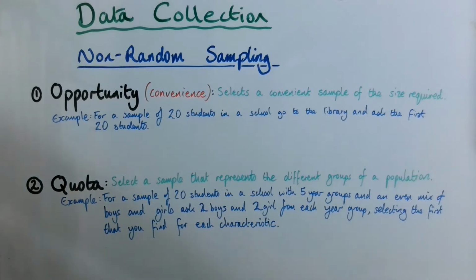And the disadvantages are always simply that because you haven't got a random element to it, you can very likely get bias creeping in to what's going on. So we'll draw up a quick table now of advantages and disadvantages before we move on.